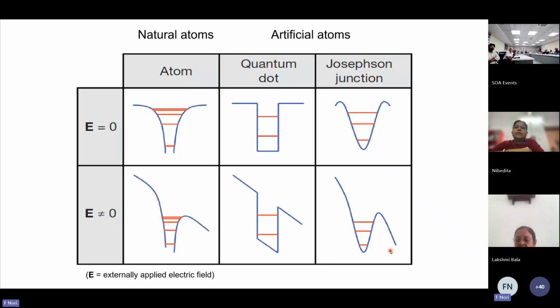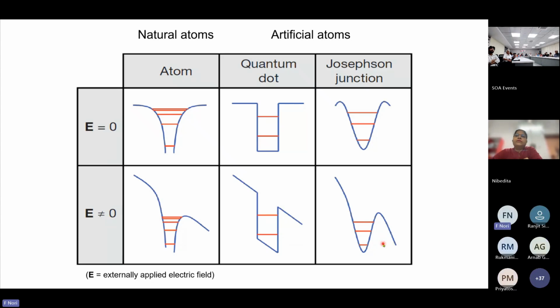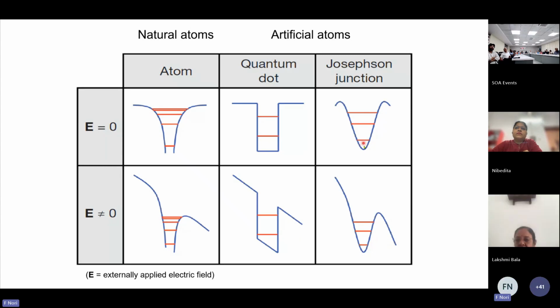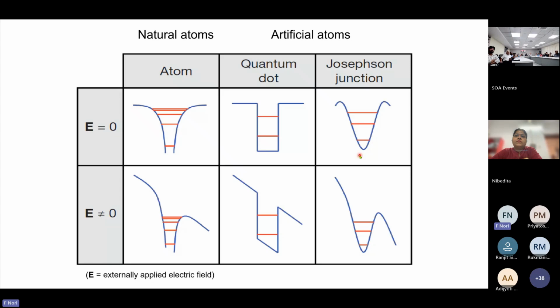So this is a relation between this atom and the Nobel Prize that was given a few months ago. So essentially, that's the key idea. You want to have non-equally spaced levels, so you don't want a linear inductor, so you put in a Josephson junction. And then that's it. That's the main idea.